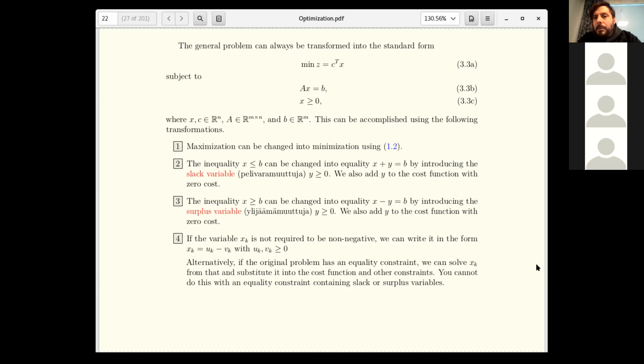Both of these enter the cost function, one as positive and one as negative, with the same coefficient as xk. So every occurrence of xk is just replaced by uk minus vk, and we assume that both uk and vk are positive.